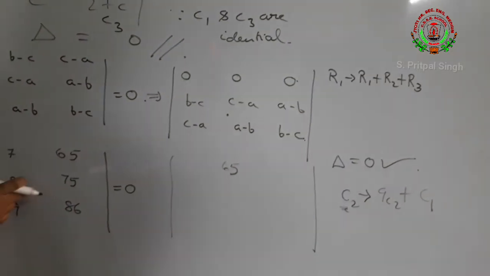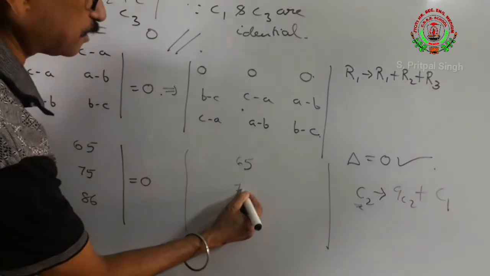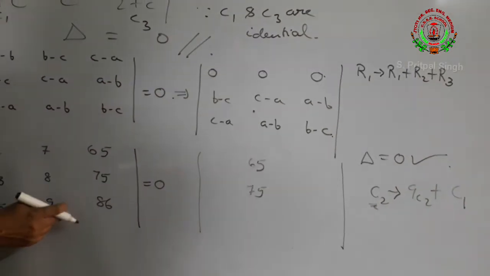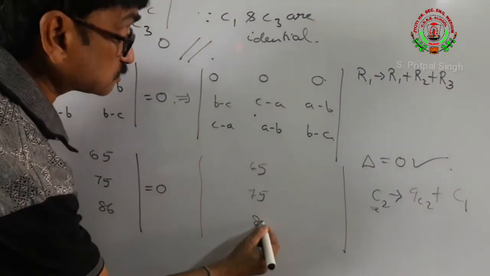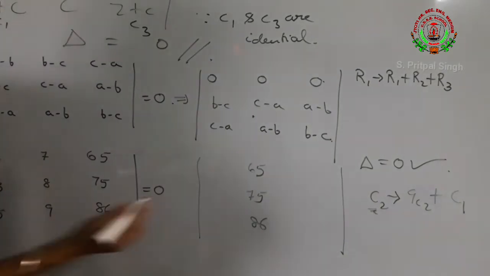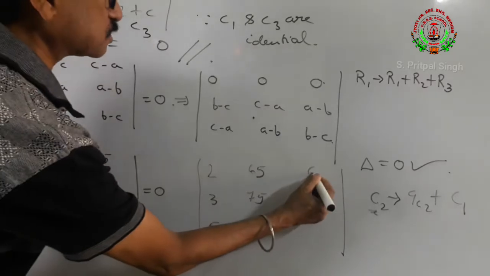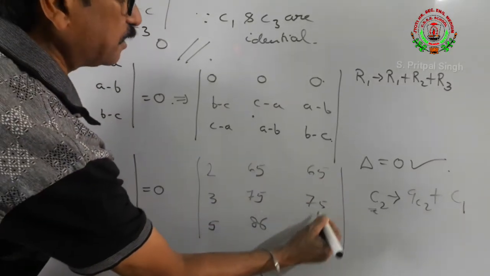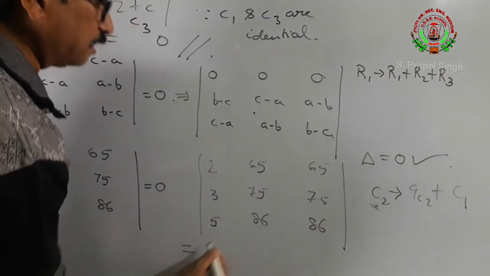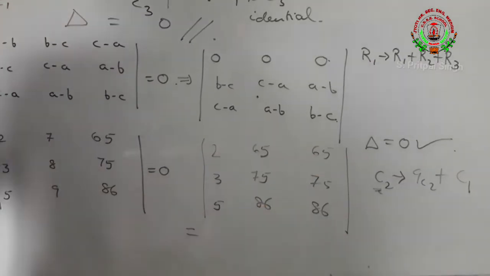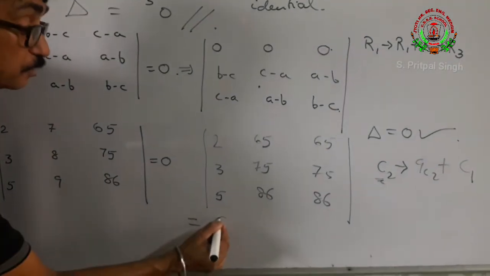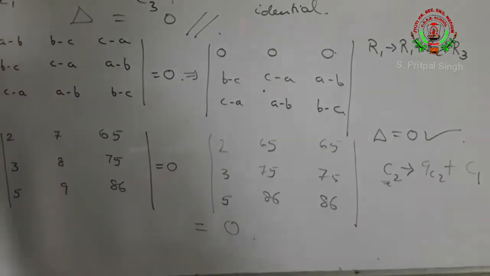And 8 into 9 72 plus 3 75, and 9 into 9 81 plus 5 86. So these two columns will be as such: C1 and C3, 65, 75, 86. Now we can see that here C2 and C3 elements are identical, therefore its value will be 0.